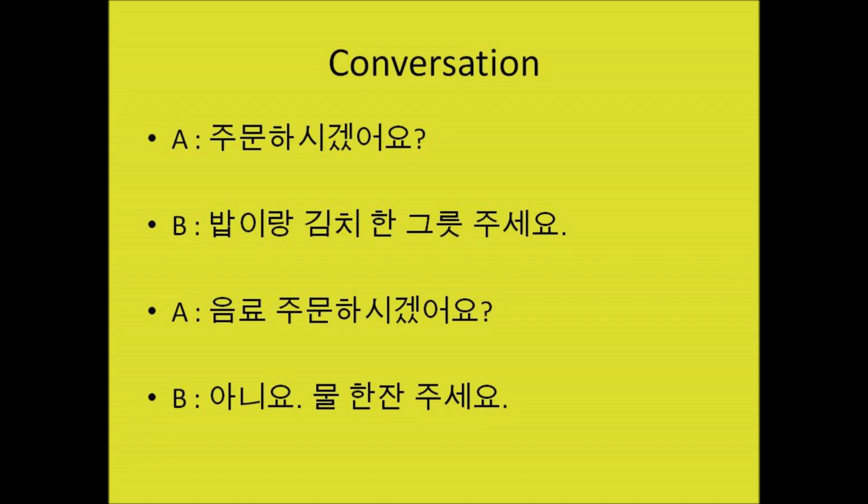We shall conclude this lesson with another conversation. This is a conversation between you and the waiter at the restaurant. The waiter approaches to your table and says, 주문하시겠어요? "May I take your order?" You respond to the waiter, 밥이랑 김치 한 그릇 주세요.